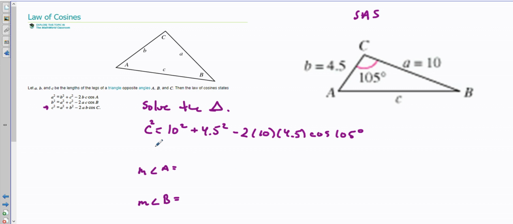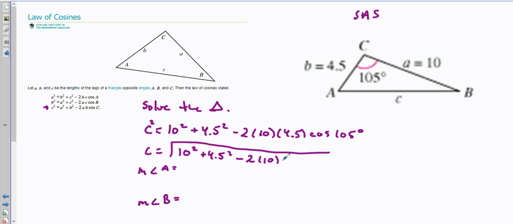Cool beans. To solve for C, we need to take the square root of this answer, and we can find that value pretty easily on our calculator.